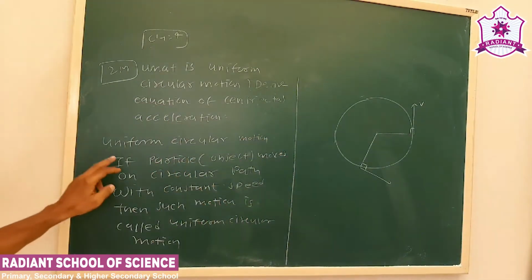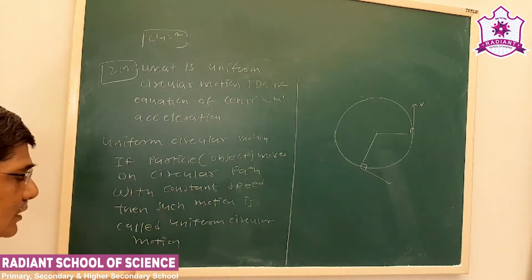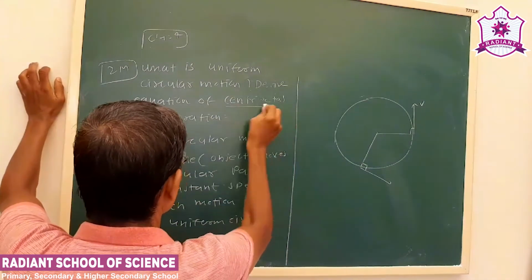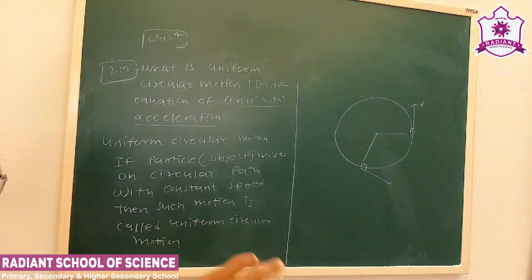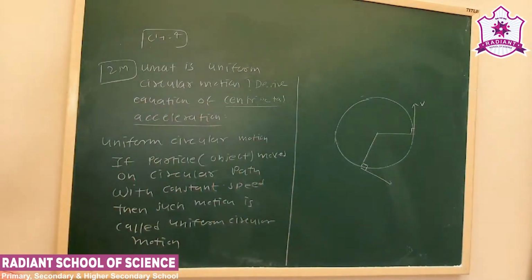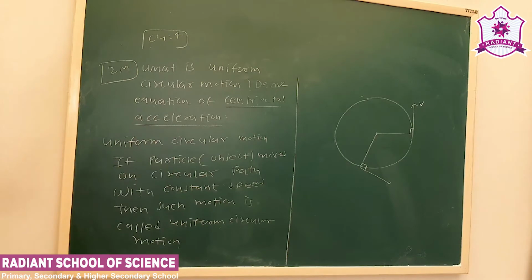Now see the interesting thing here. Once we write like this, if a particle moves on a circular path with constant speed, then such motion is called uniform circular motion. And on the other side, we ask for the acceleration. How is this possible? If it is a constant speed, how is it accelerated motion?